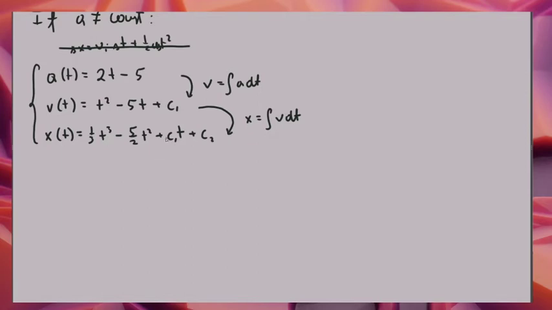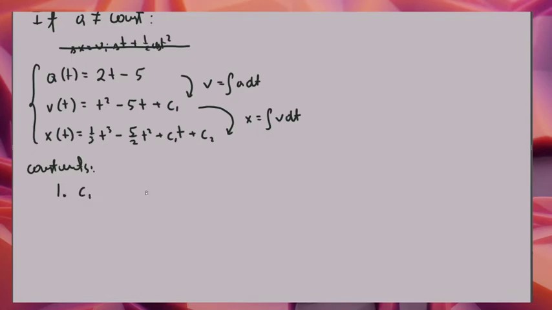How do you determine the constants? I'm going to put here constants. Just set the function to 0. Rather, set time to 0. So if I want to find, let's maybe do c1.